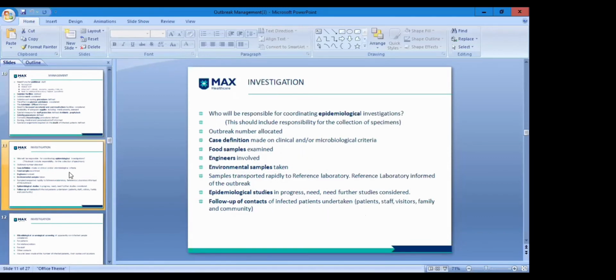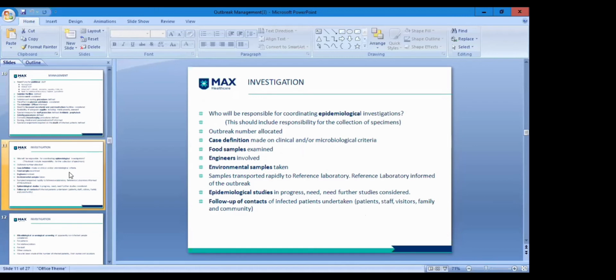Coming to the investigation part, who is usually responsible for coordinating epidemiological investigation? I will not talk about COVID here. I will talk about an outbreak that happens due to hospital-acquired infection. The responsibility for collection of specimens is usually with the infection control nurse. Suppose an MDRO, or multi-drug resistant organism, outbreak happened. We need to have all epidemiological parameters covered.